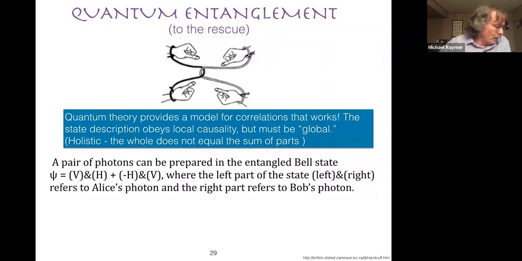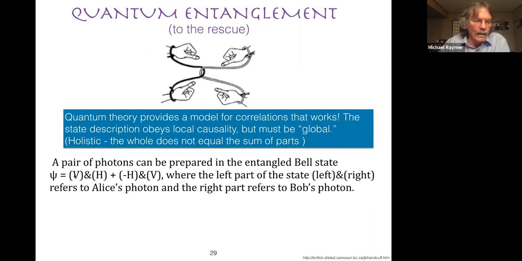And so, a parting comment here: you should read the reading that's assigned for Monday. And I introduced this new notation here, okay? The state of a pair of particles. Alice's photon is this one on the left, and Bob's photon is this one on the right. This symbol means "and".